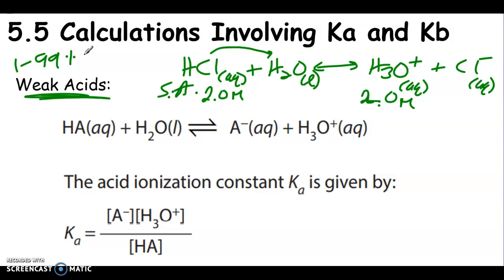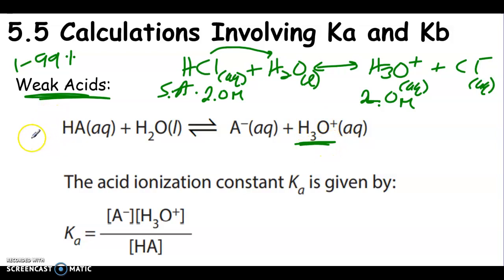So what that means is if we're trying to determine the hydronium concentration for a weak acid solution so that we can find, let's say, pH, we would have to set up a K expression and determine what that would be at equilibrium.